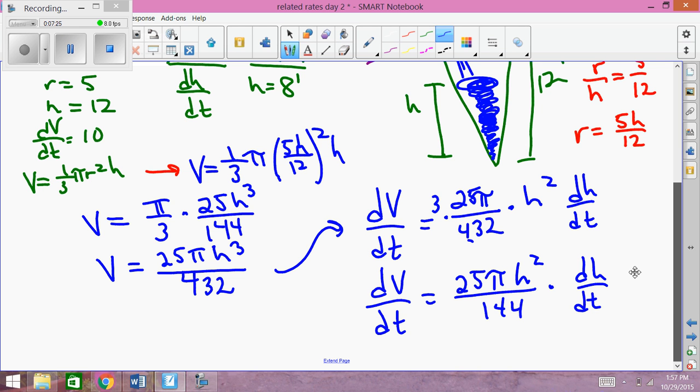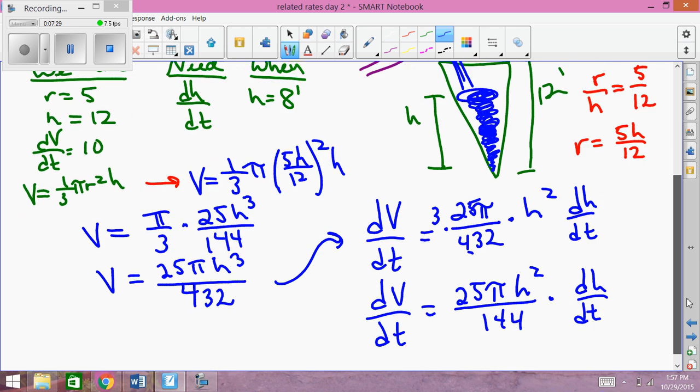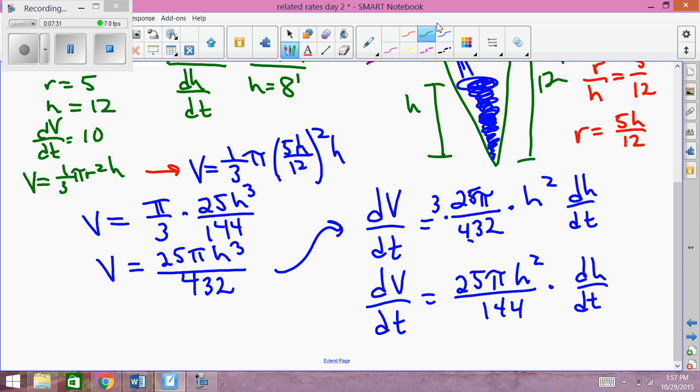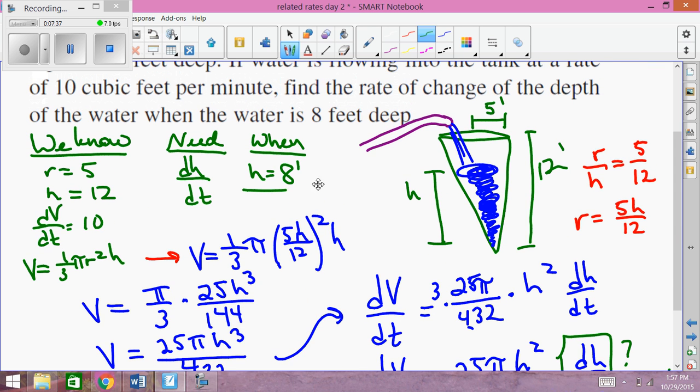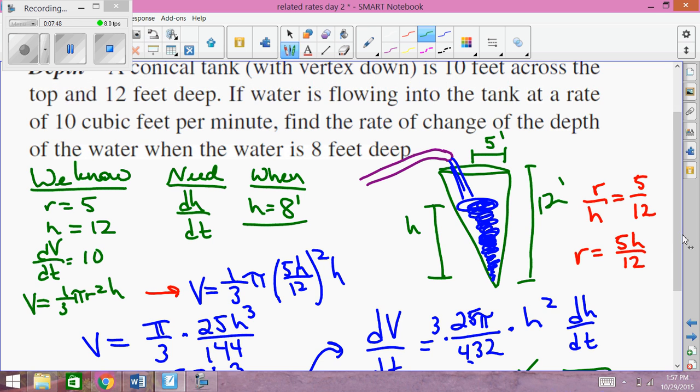Let's take a little inventory. We are looking for dh/dt. We have the height, which is 8. And we have dV/dt, which is 10 cubic feet per minute.